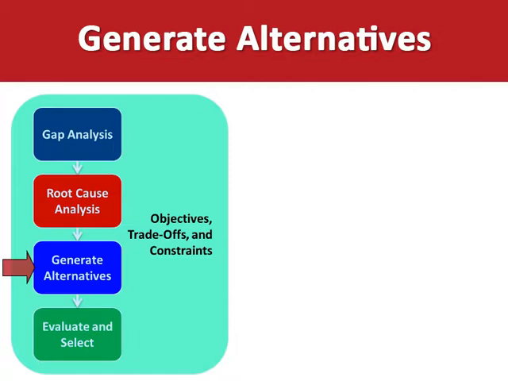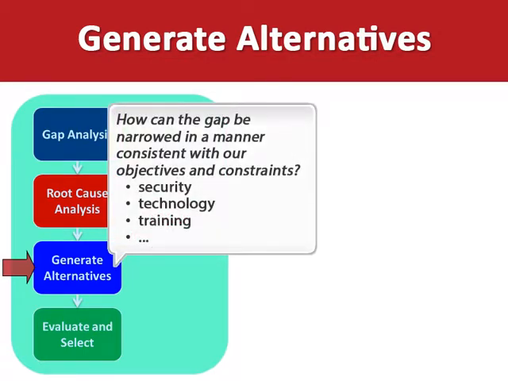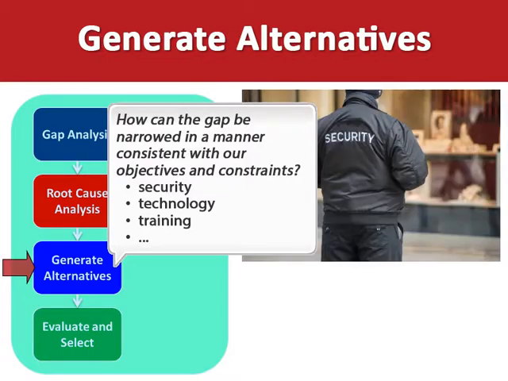So the goal when it comes time to generate alternatives is to find potential solutions that are consistent with your goals, objectives, and constraints. So in Doug's case, these alternatives could involve security, they could involve different types of technology, training, incentives, whatever.